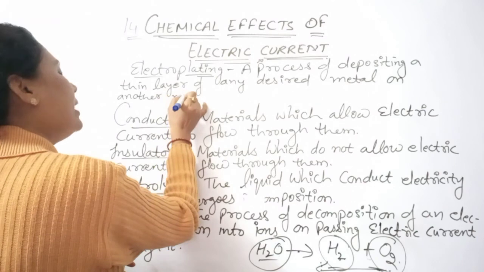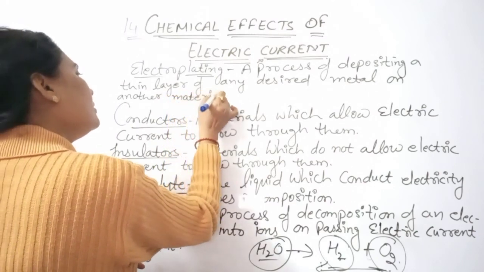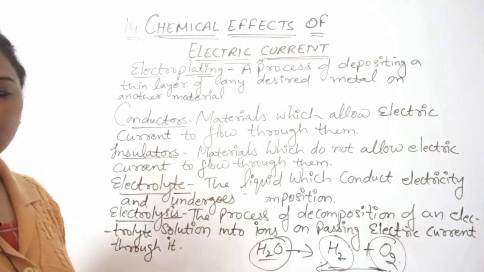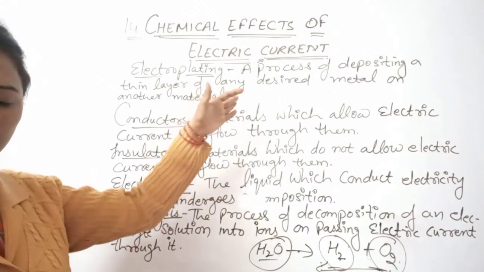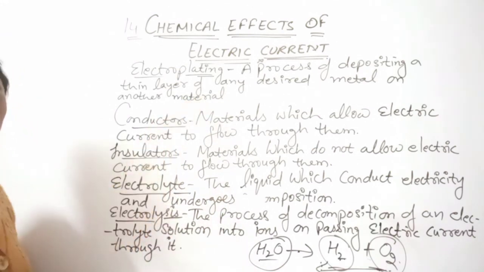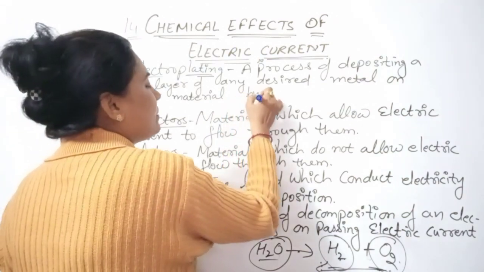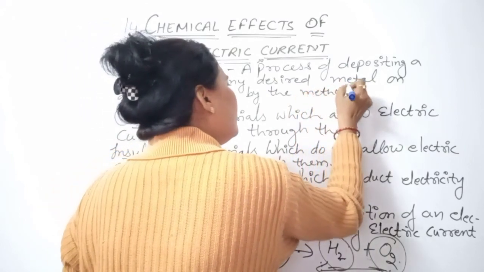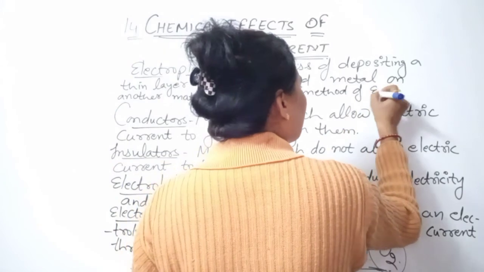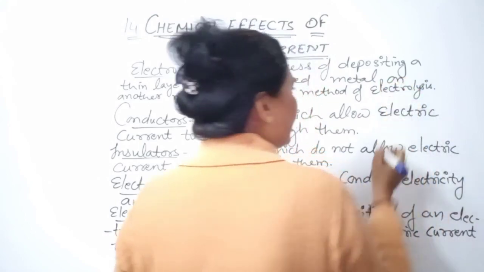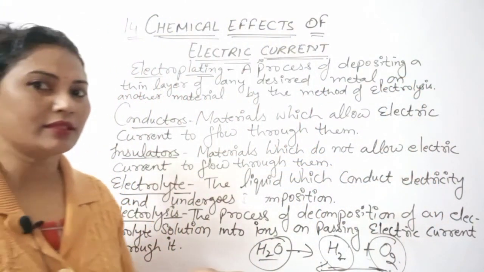Another metal या फिर material. ठीक है, मटेरियल लिया या मेटल लिया, दूसरा मेटल लिया, कोई भी बात, मेटल इज ऑल्सो अ मटेरियल. तो यू कैन राइट अनदर मेटल या मटेरियल. सो बाय द मेथड ऑफ इलेक्ट्रोलाइसिस या फिर bypassing electricity, by the method of electrolysis.